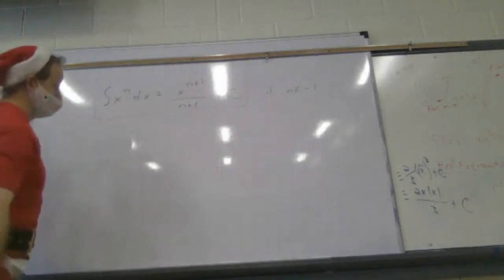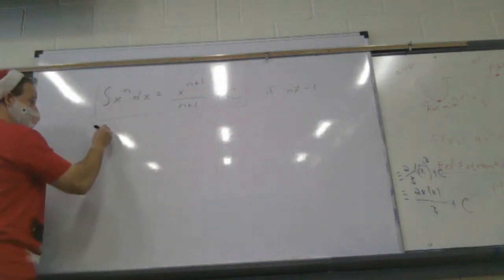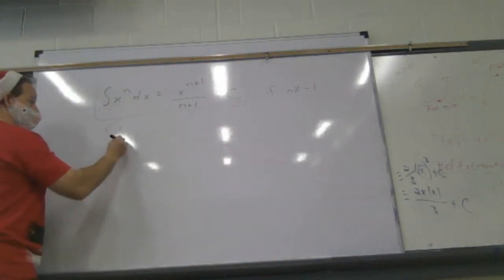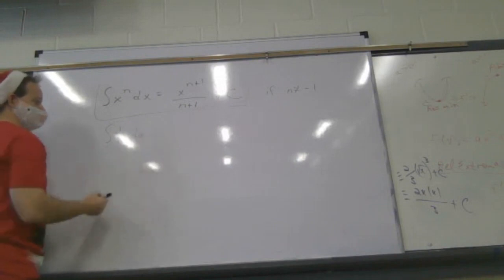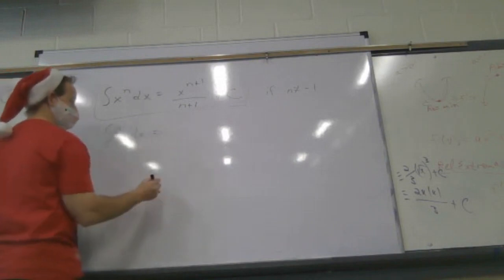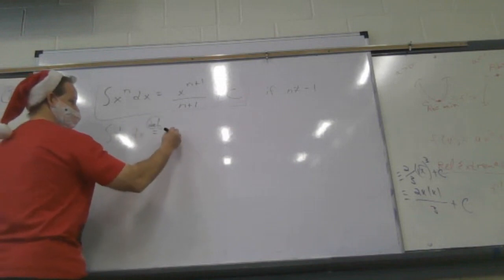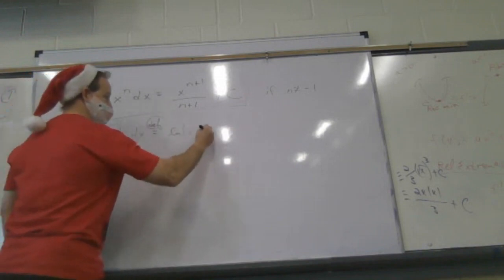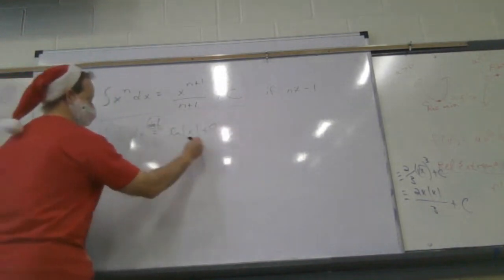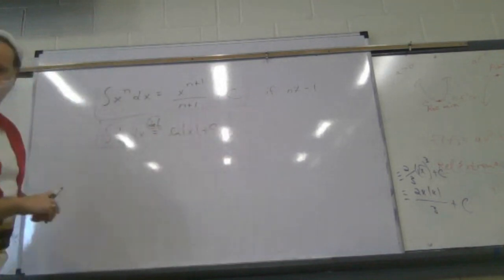If n equals -1, x to the minus 1 power is 1 over x, and the antiderivative of 1 over x with respect to x, by definition, is going to be proven to be the natural log of the absolute value of x plus c. So these are the two things that we talked about yesterday.